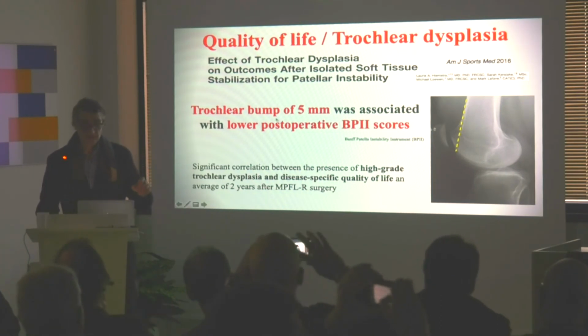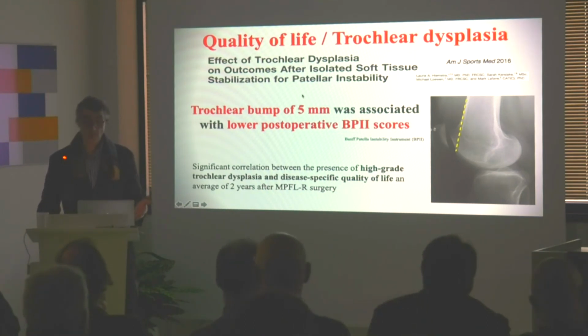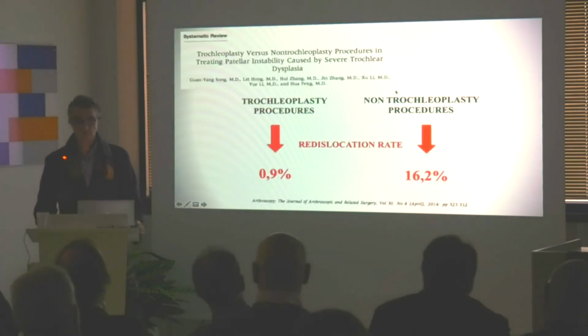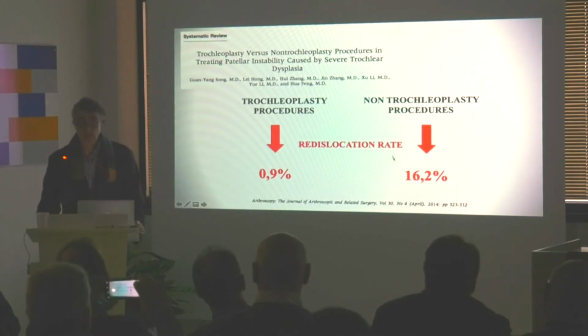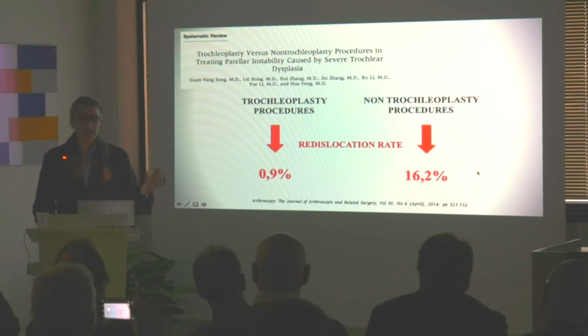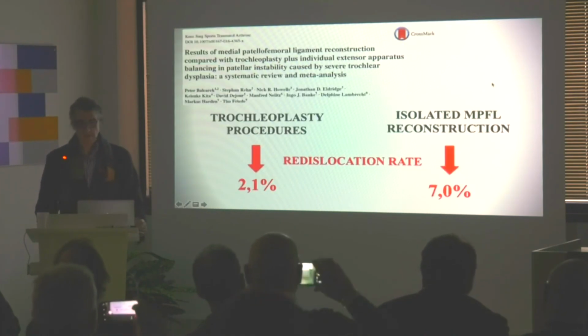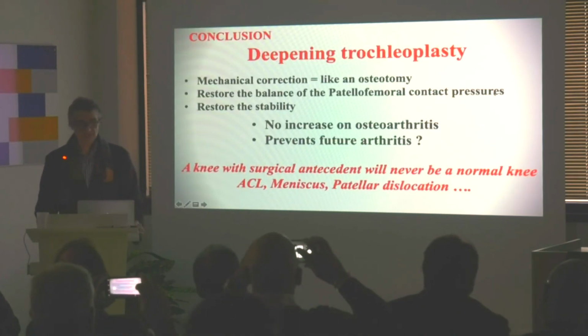So it means that you need to correct that, and these are the good indications for doing a trochleoplasty. Remember this picture? This is the best indication for trochleoplasty. The redislocation rate is lower in that population, which is highly unstable, and we have different articles on that.